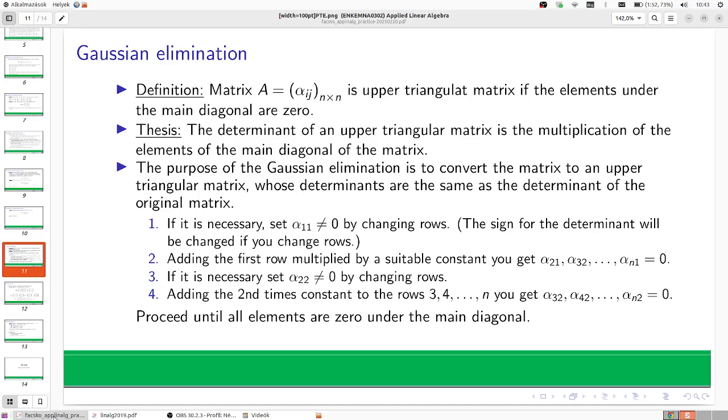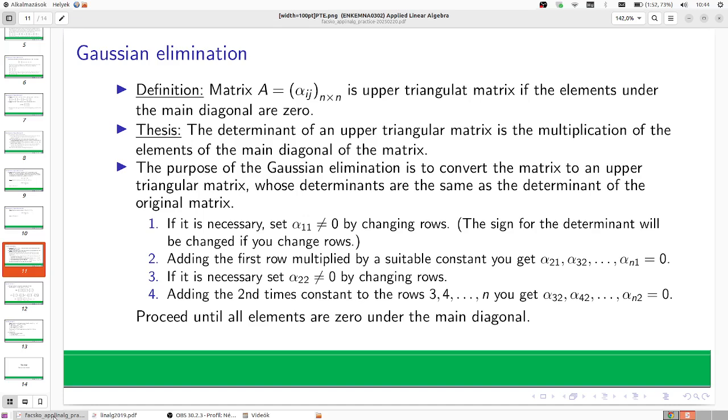First, I subtract the first row from the third row. Zero, great. That's 2, and that's -1.